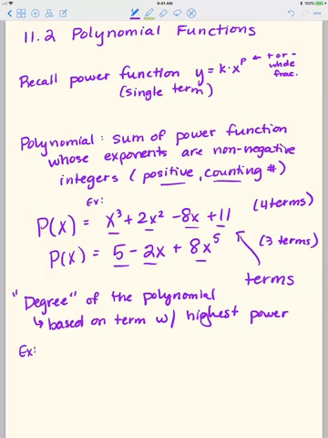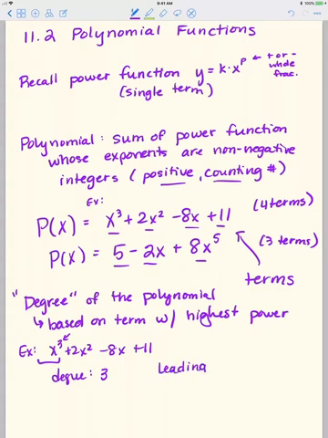So the example from above, the x cubed plus 2x squared minus 8x plus 11, the cubed power is the highest degree on any of the terms. So the degree of this polynomial is 3.